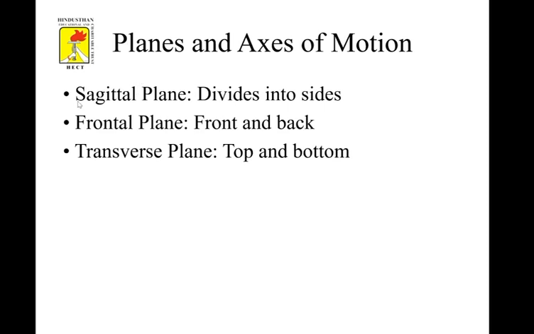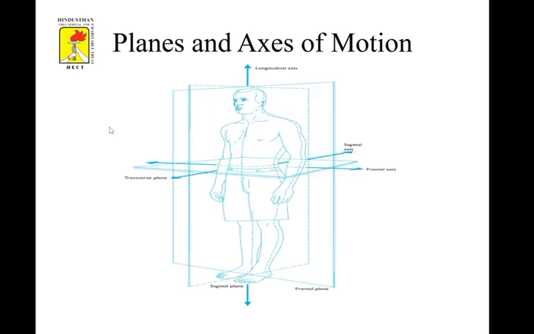Sagittal, in order to remember easily, has S as the first letter, so it divides the body into sides. For example, it divides our human body into left side and right side. Frontal plane, as the name says, divides the body into front and back. Transverse plane, the first letter is T, so we can remember that it divides the human body into top and bottom.